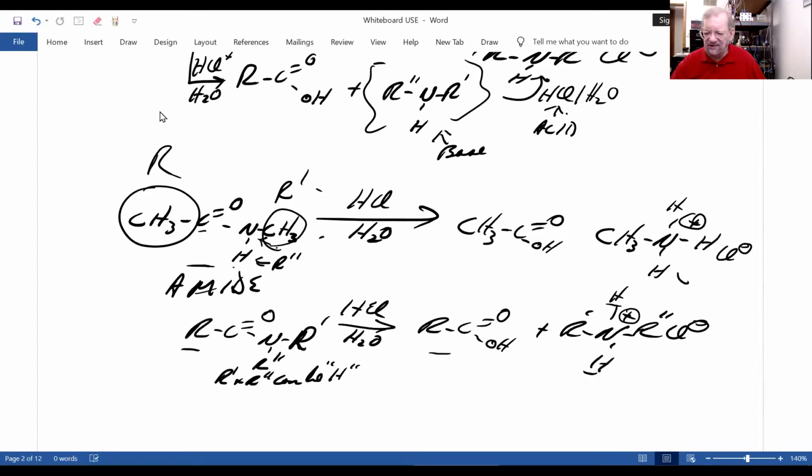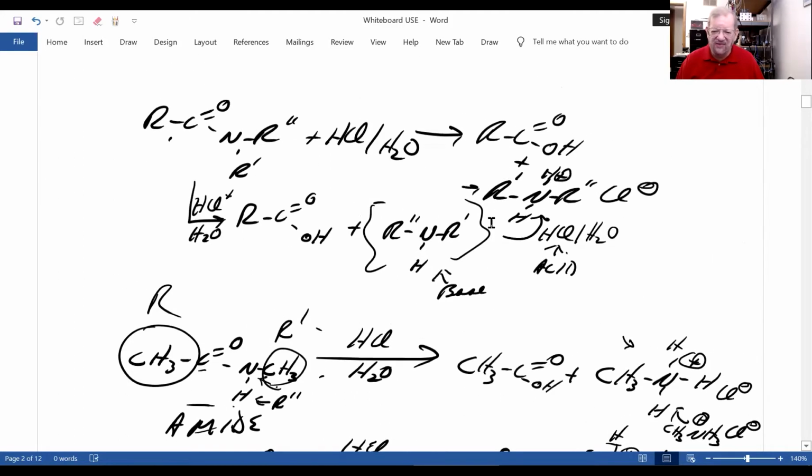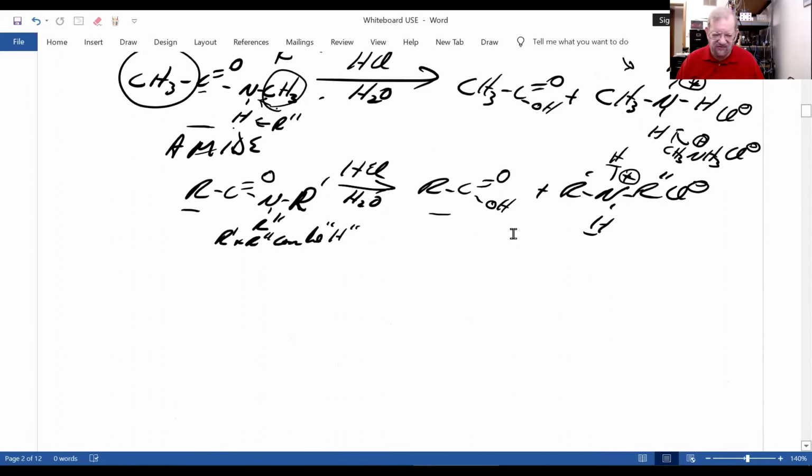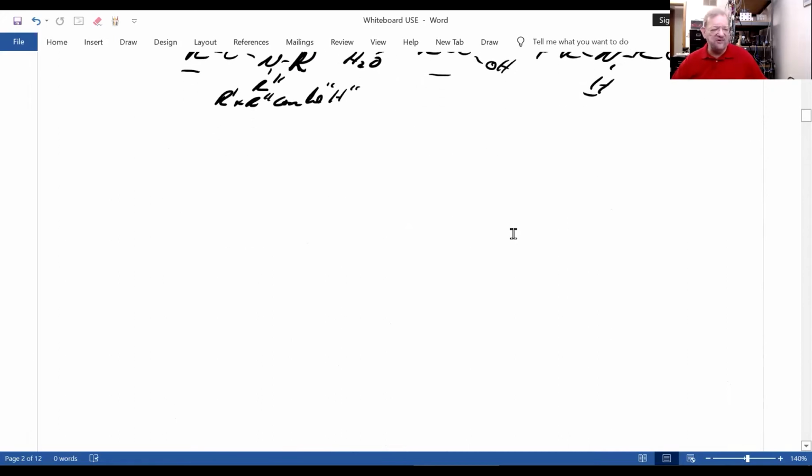You could have also written it like this. Either one is correct on the test. And that's how you do it. Let me remind you that if you don't put the amine salt but put the amine down there, I'll mark it wrong, because in the presence of acid, this is the fastest reaction in all of chemistry, an acid-base reaction. So let me share the fun.